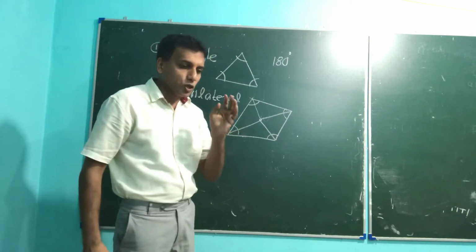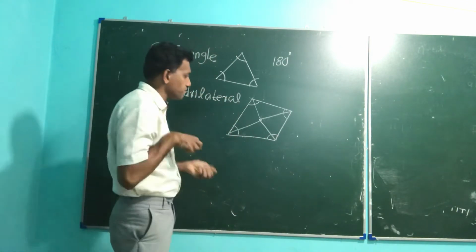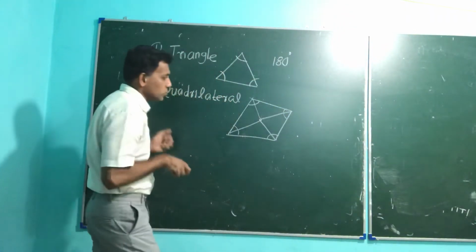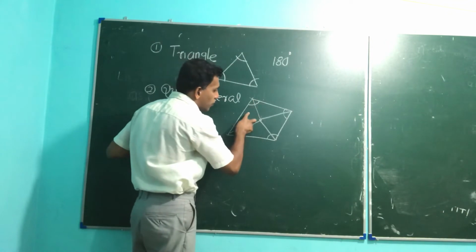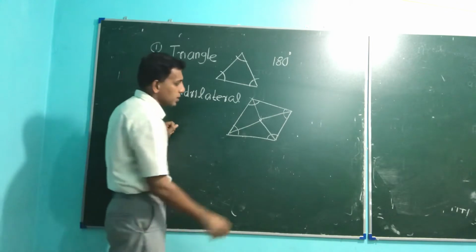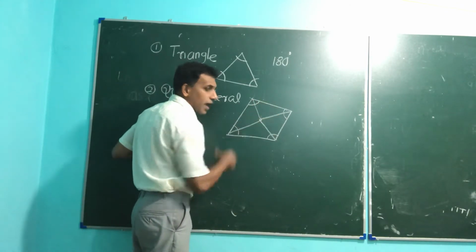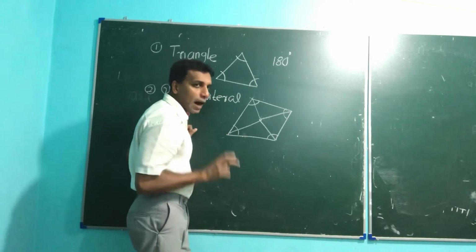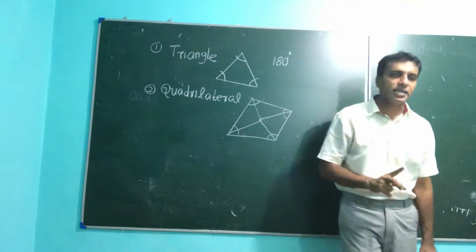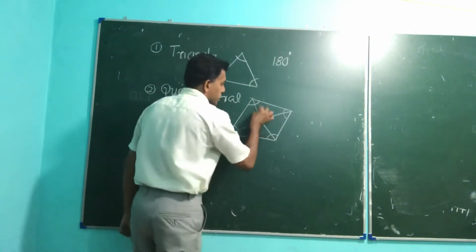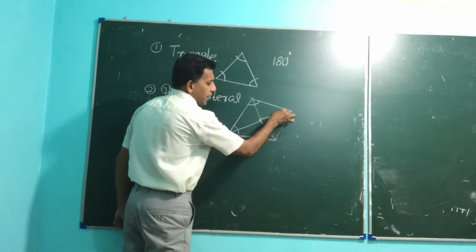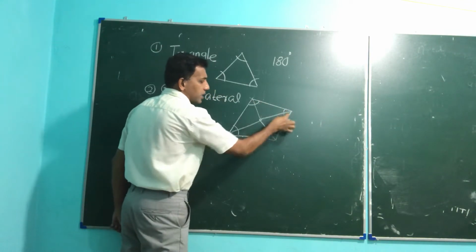So here in your book, the method shown is, already 360 degrees. So here we can draw 4 triangles. If we add all the 4 triangles' interior angles, for example in this triangle, here one angle, another angle, here angle, one triangle addition.